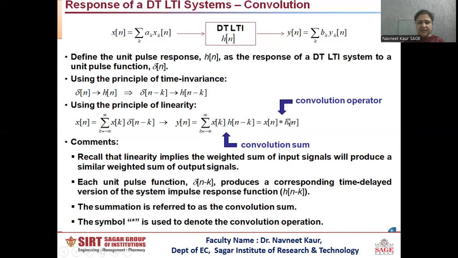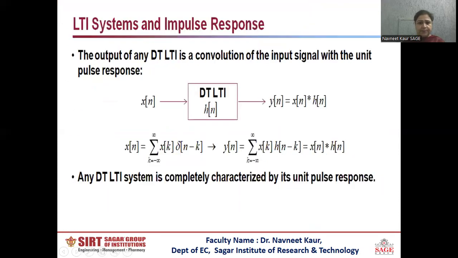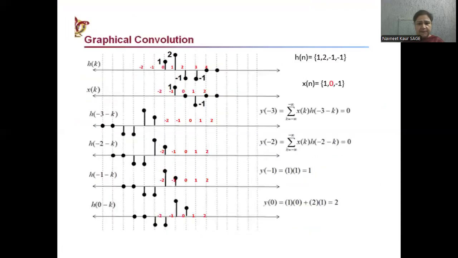And this symbol is known as convolution operator, and the formula is known as convolution sum. So the output of any discrete time LTI system is a convolution of the input signal with the unit impulse response. Any discrete time LTI system is completely characterized by its unit impulse response.